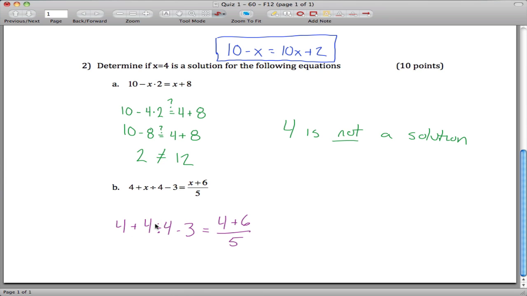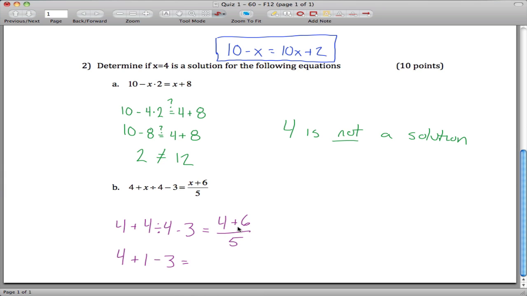You do multiplication and division before you do addition and subtraction. So I'm not going to add 4 and 4 together, and I'm not going to do 4 minus 3. What I'm going to do first is 4 divided by 4, which is just 1.